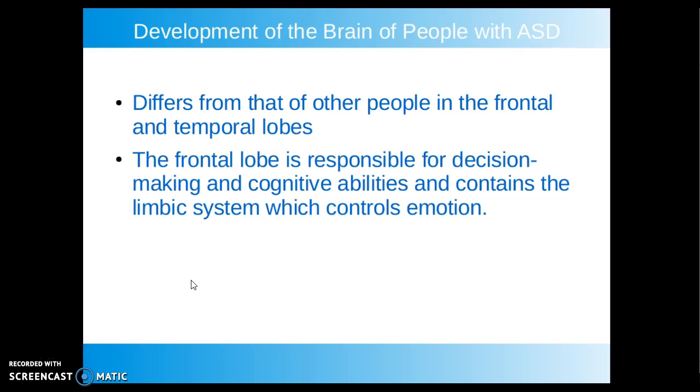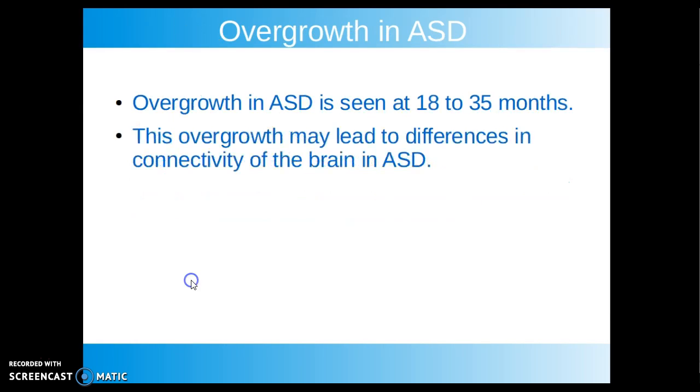So it also controls your affect, like you showing emotions and your understanding of emotions, which is important. Overgrowth in autism is seen at 18 to 35 months as well. This is said in particular studies to lead to an abnormal connectivity of the brain in a person with autism, which directly correlates with the hypoconnectivity and hyperconnectivity and makes sense.